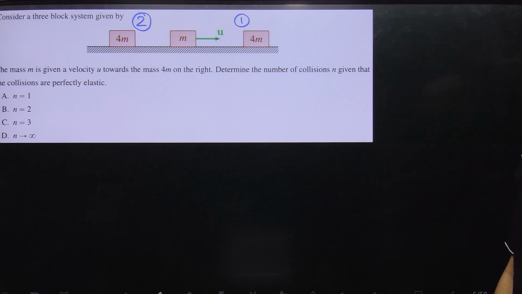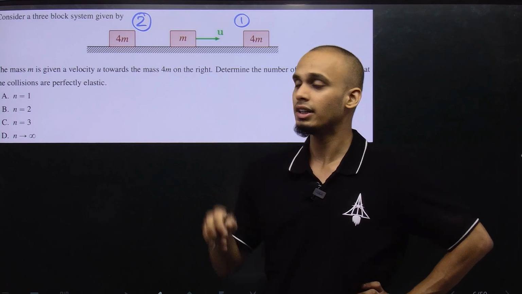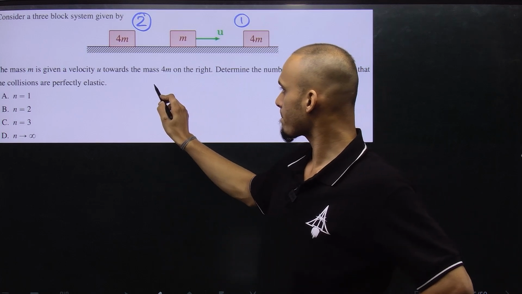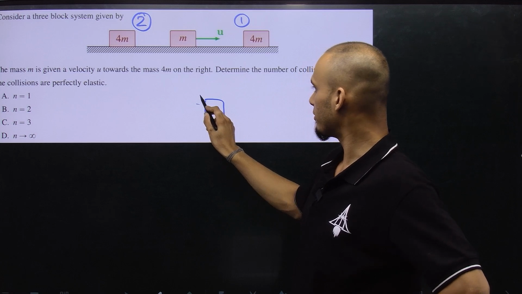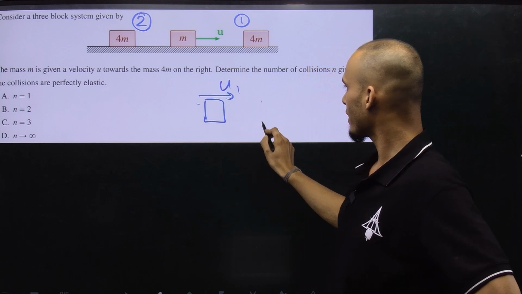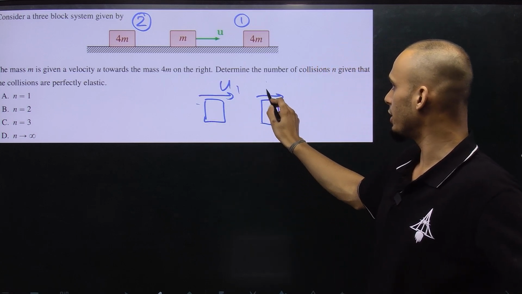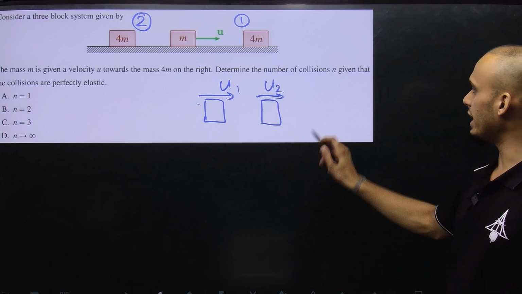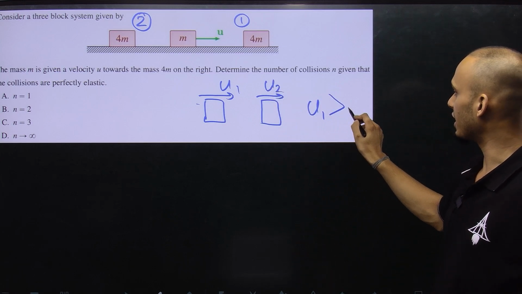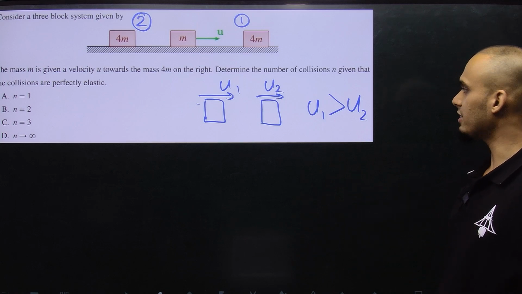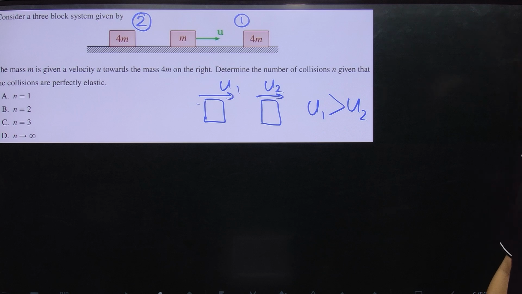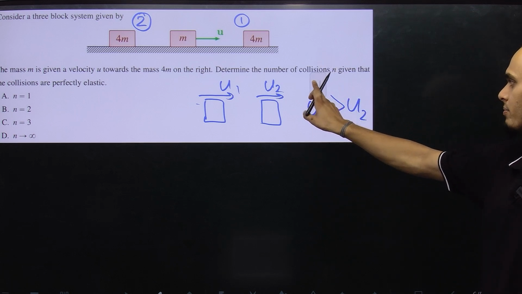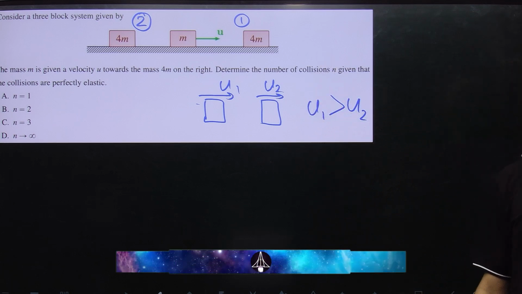But we know that in order for further collisions to happen, the condition for collisions is that if there are two blocks chasing one another, if this block is chasing with speed u1 and another block is running away with speed u2, collision will only happen if u1 is greater than u2. Otherwise, there will be no collision. Block m2 will keep moving and m1 will not be able to catch up. So we have to check the condition of collisions each time.